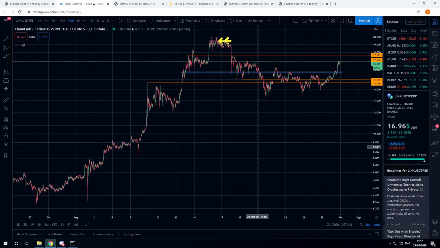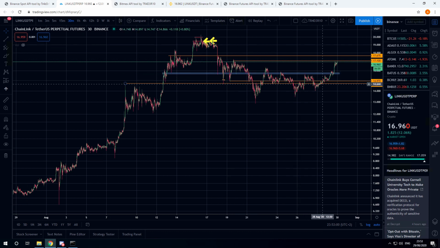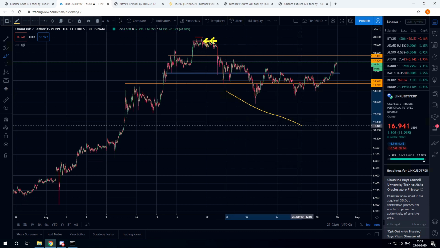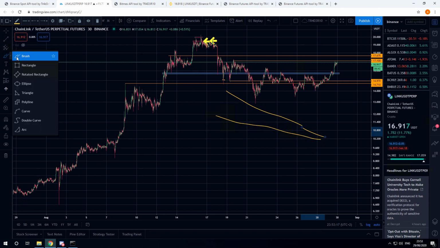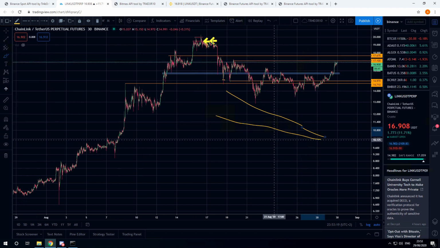Do we have some other patterns? So we could have a pattern like this, and sometimes they end up breaking up, but the important thing is what they're actually going back down to.